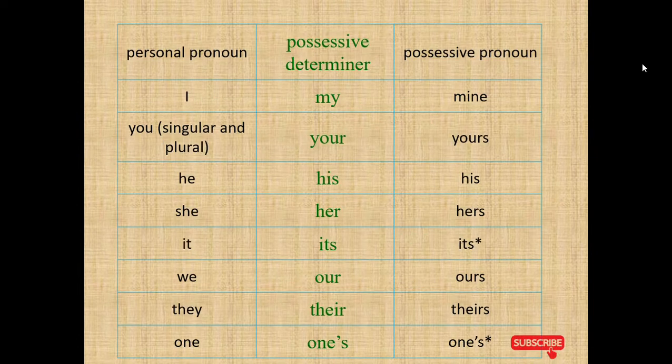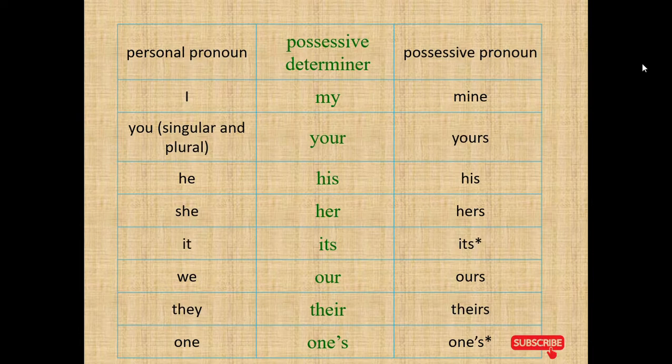Then let us look at the possessives. If I say, this is my pen, the word my will make it clear that I possess the pen. So my will be called possessive.